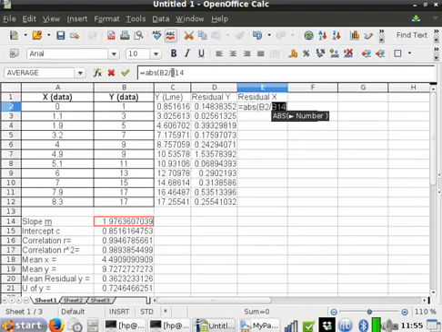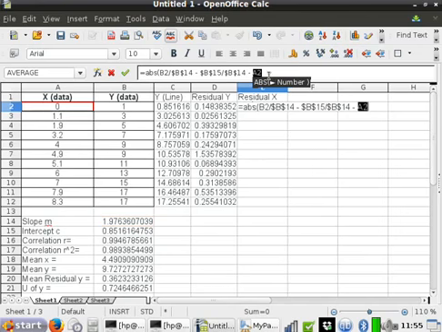Now don't forget the dollar signs. What's next? c over m. Plus or minus? Minus the intercept, over m, and don't forget the dollar signs. And finally, minus xi, minus the x point.